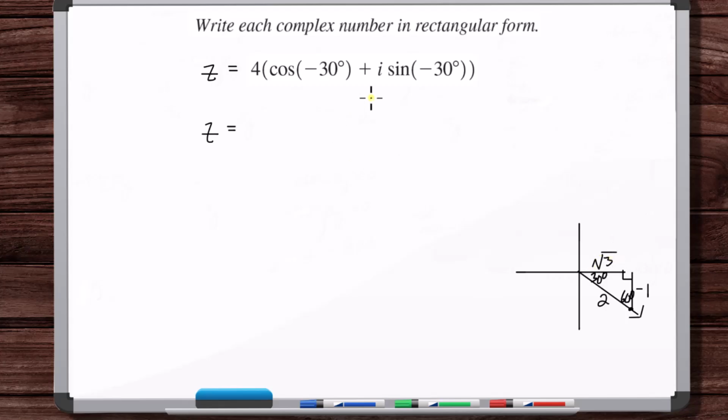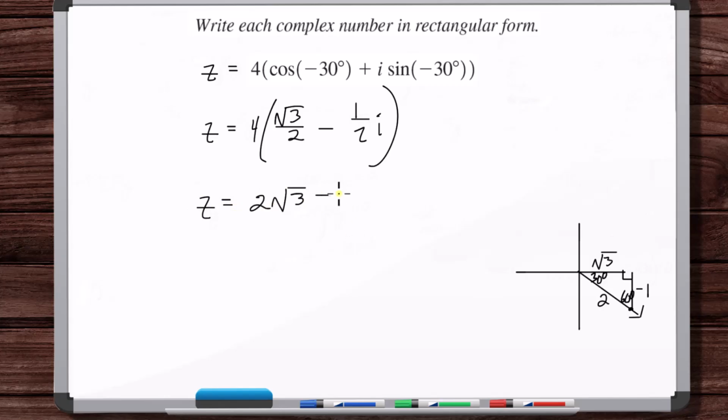Okay, so we've got 4 times, so cosine of minus 30 is root 3 over 2, and then sine of minus 30 is going to be minus 1 over 2. So we've got, let's see, we're going to have 2 root 3 minus 2i. There we go.